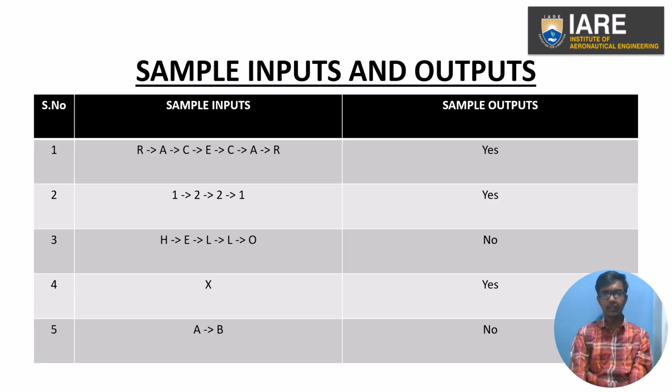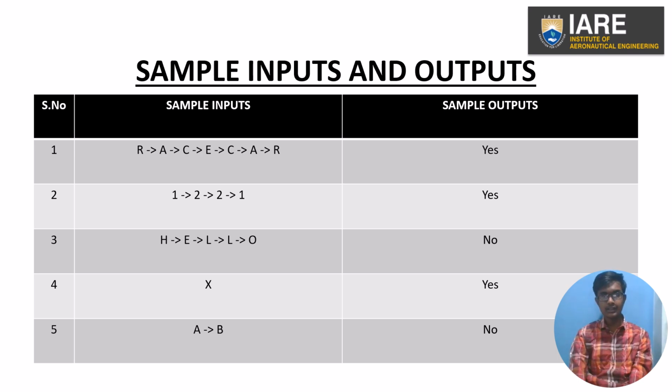Now let me tell about the sample inputs and outputs which are expected in this problem. The sample input, if it is RACECAR, race car, it is a palindrome, the output must be yes. And if the input is 1221, it must be yes.